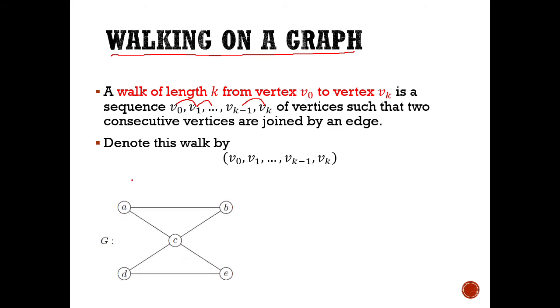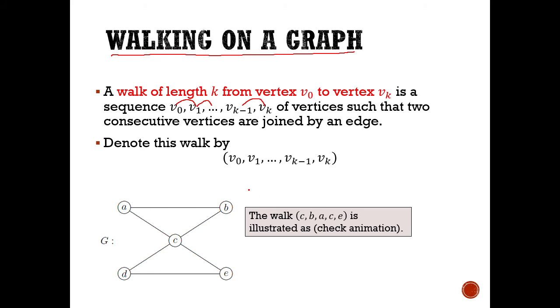So let's take a look at our simple graph G. Now let's illustrate the walk CBACE. So you start from the vertex C, then you go to B, then A, and then back to C, and then E. So that is our walk.